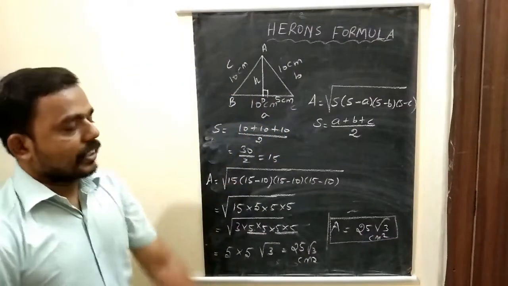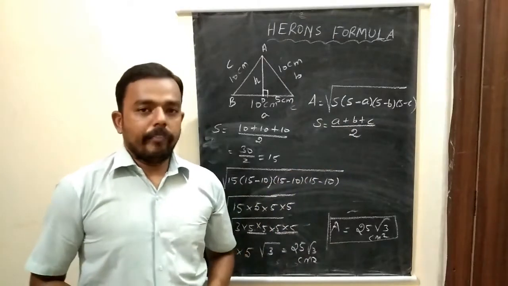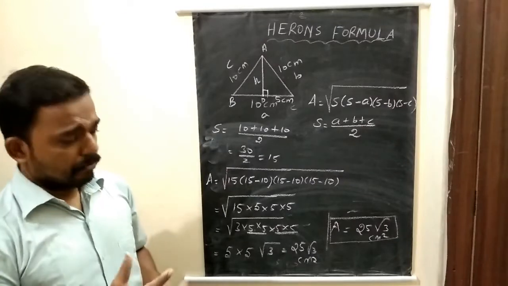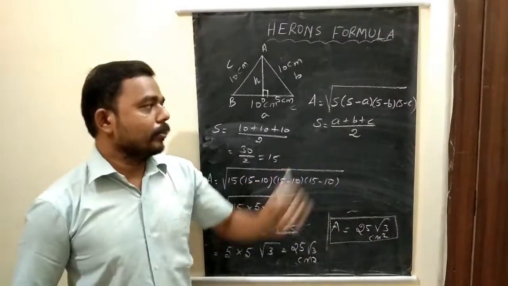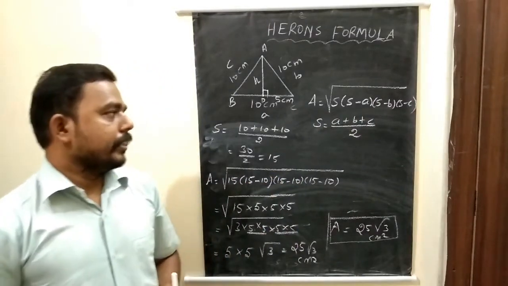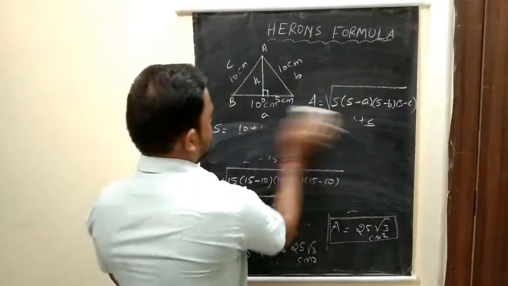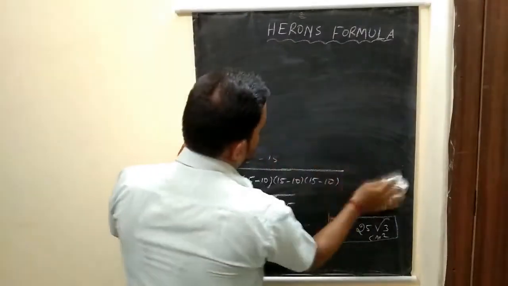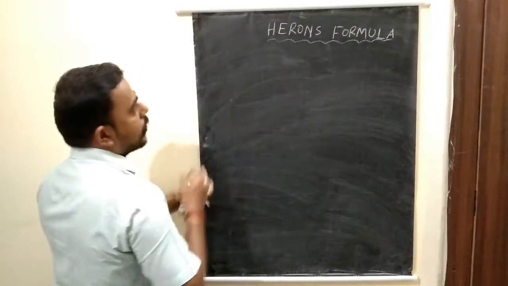So this structure we are going to study using this formula. We are going to find the area of the triangle by using this. So area of the triangle is A equal to square root of S into S minus A into S minus B into S minus C, where S equal to A plus B plus C divided by 2. So I am going to derive Heron's formula.